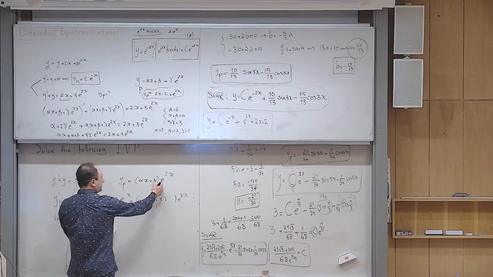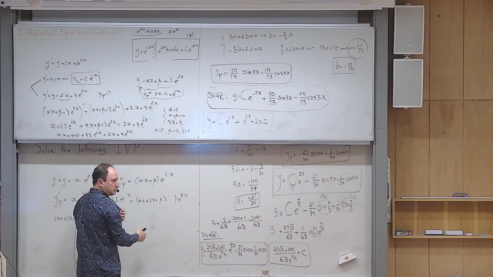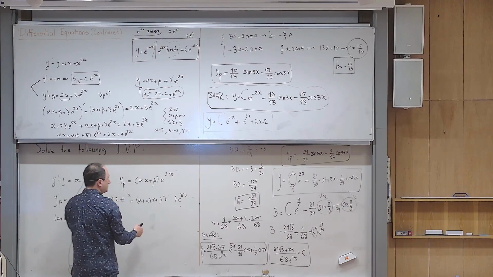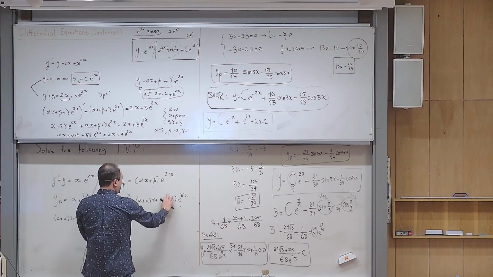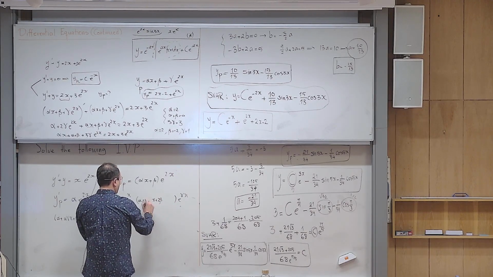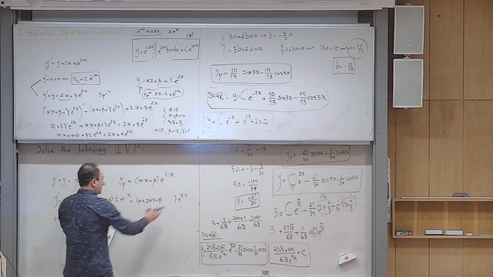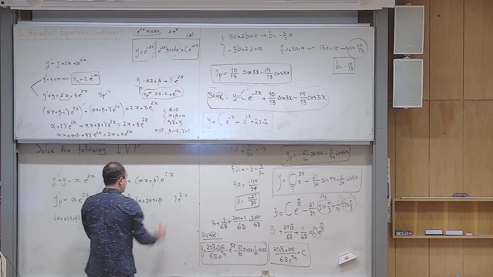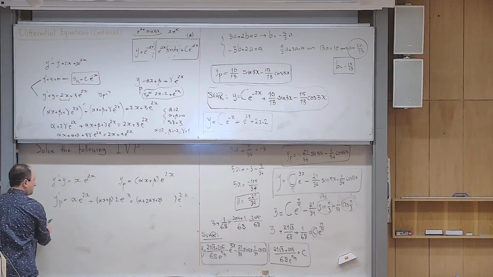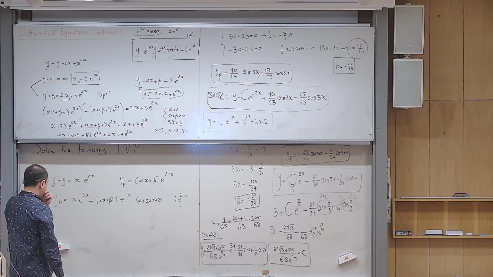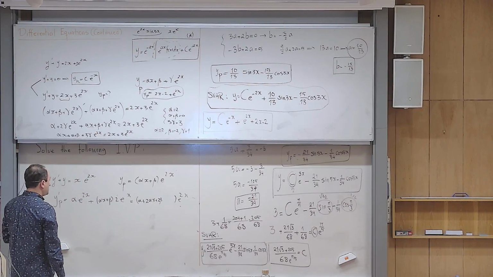No, because when you differentiate, 2 goes down. Yes, so this should go down. But gamma is 2. Thank you. Okay, so let me see if it works or not. Yeah, it seems it's working.